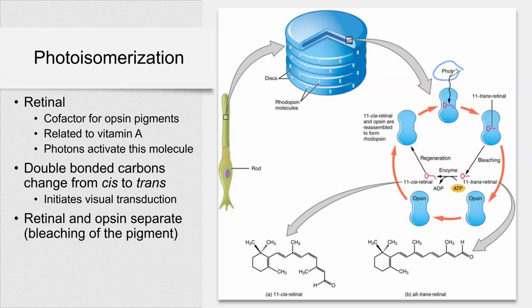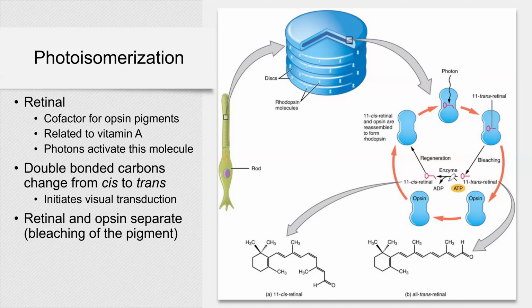So when energy of photon changes the shape of retinol, instead of cis, it became trans, and we call it bleaching of pigment because your pigment, that is your rhodopsin, that's your pigment. Now it loses this retinol and it's only, you know, now it's opsin. So opsin and retinol separate with a bleaching of pigment.